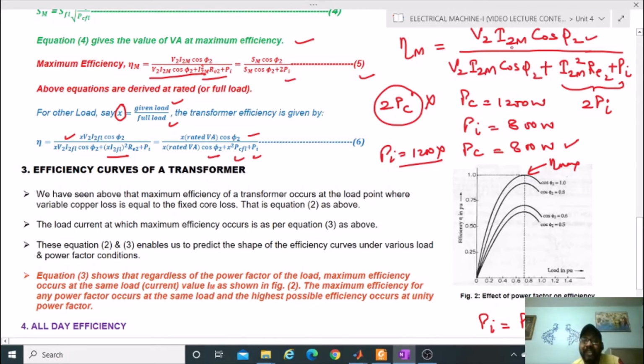So from these two, we can say that the value of maximum efficiency for a particular load will change for different power factor conditions, but the current at which maximum efficiency is obtained will remain the same.